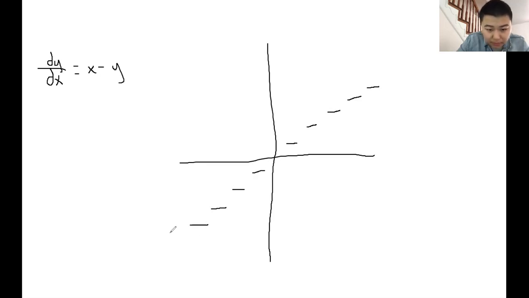So 1, 2, 3, 4, 5. And then if we have, for example, (1, 2), then x is 1, y is 2, so 1 minus 2 would be -1. And then 1 minus 3 would be -2.